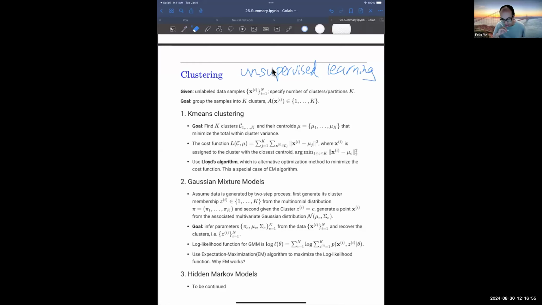The key here is we have unlabeled data examples x_i, and we specify the number of clusters, K. Then we group the examples into K clusters, so x_i belongs to cluster 1, cluster 2, up to cluster K.